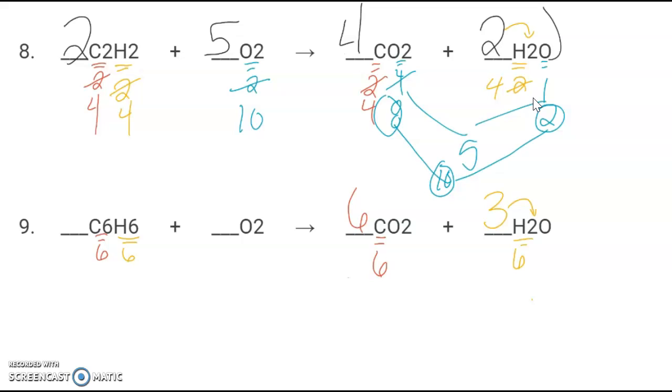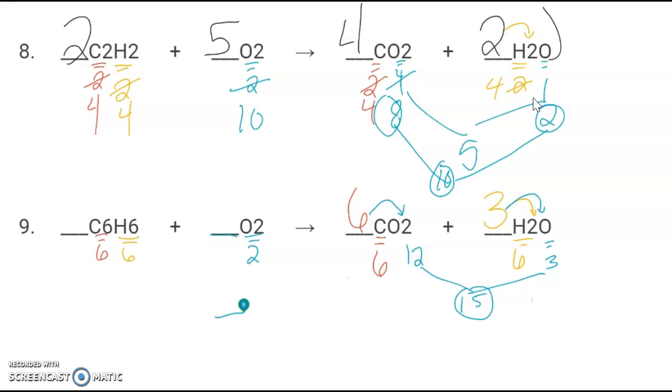we're going to balance our oxygen. So we have 2 to start with on our reactant side. 6 times 2, 12, and 3 times 1, which is 3. So we have 15 oxygen on our product and 2 on our reactants. So we need to figure out what we put in front of the O2 to get that to balance out.